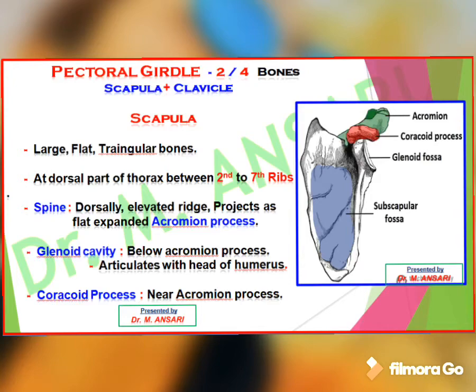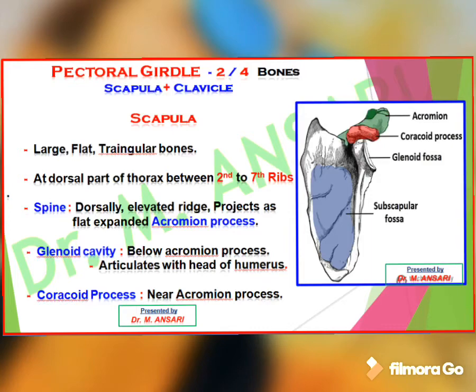Below the acromion process, a cavity is present called glenoid cavity. It gives articulation to the head of the humerus and forms a ball and socket joint. Near this glenoid cavity, another process called coracoid process is also present.